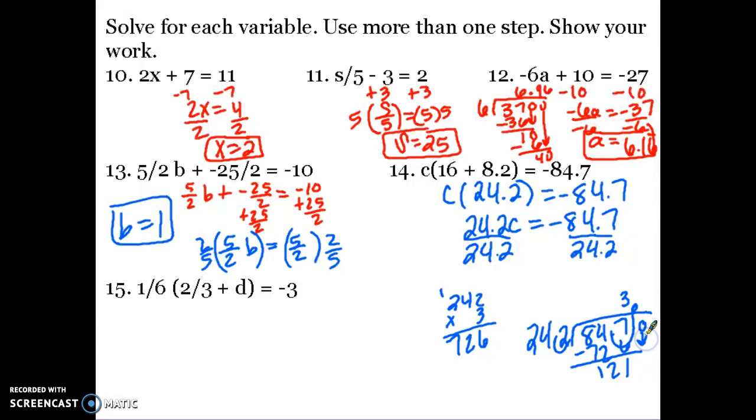Bring down a 0. 242 will go into 1,210 5 times. So C is negative 3.5.